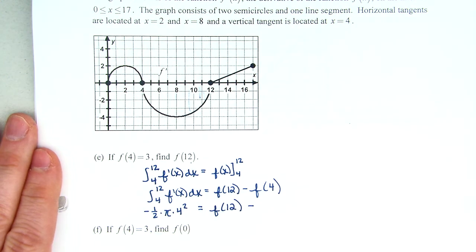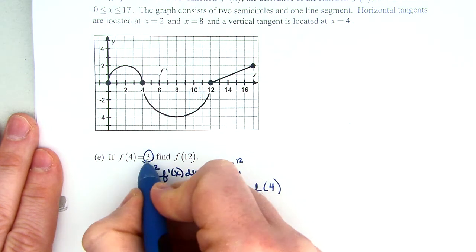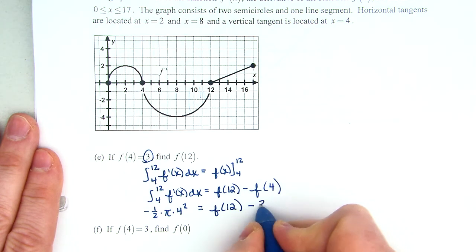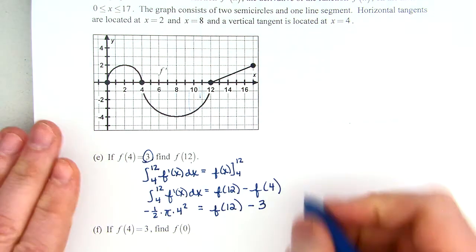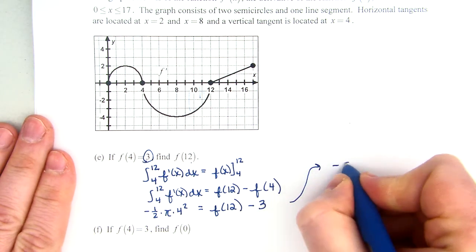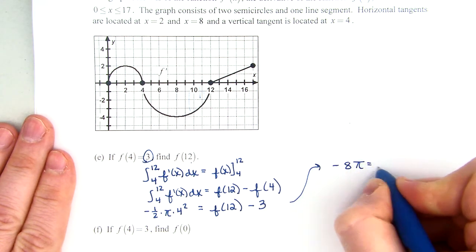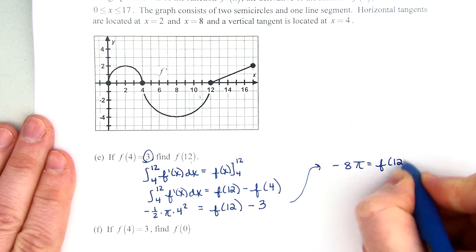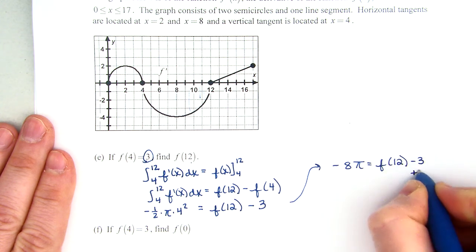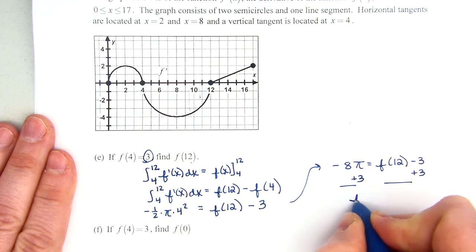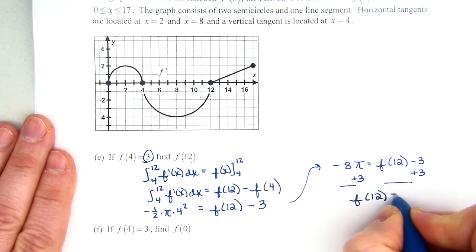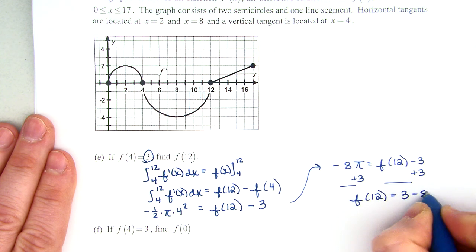And f of 4, well, I told you f of 4. That's why I had to give you that value. We're going to get an equation like this. This will become negative 8 pi equals f of 12 minus 3. And I'm going to finish this by adding 3 to both sides. I'm going to get f of 12 equals 3 minus 8 pi.